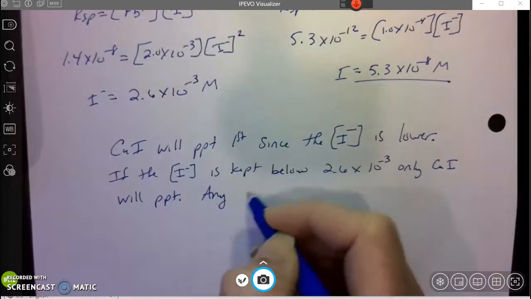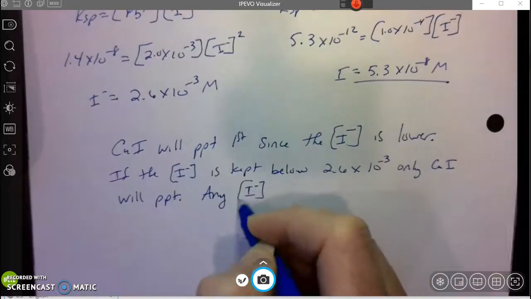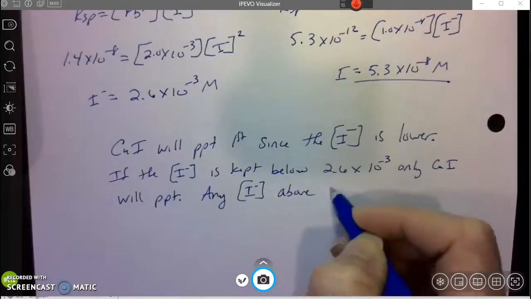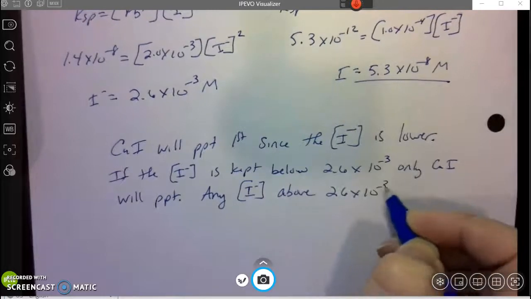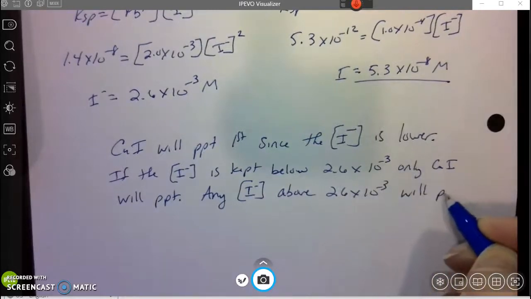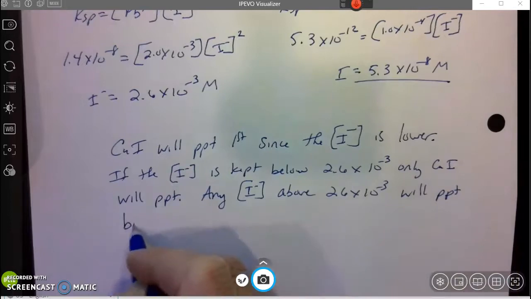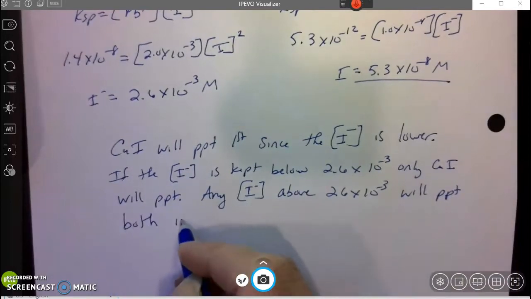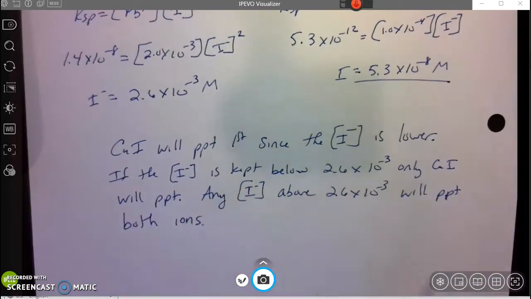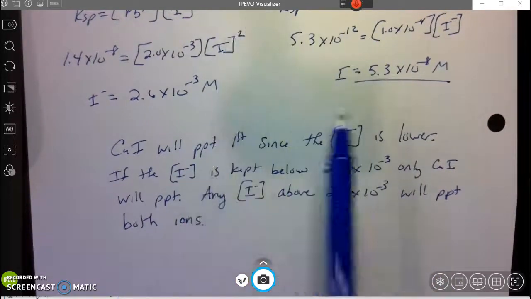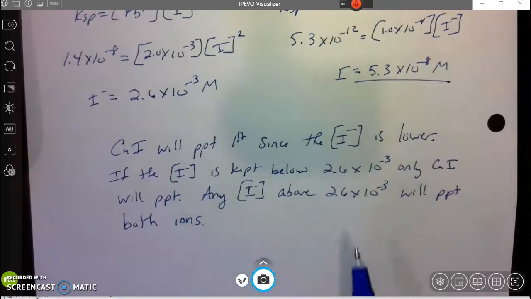So any I minus concentration above that, or above the 2.6 times 10 to the negative 3rd, will precipitate both ions. So again, if you can control these concentrations, you can separate these two from each other. And that is selective precipitation.